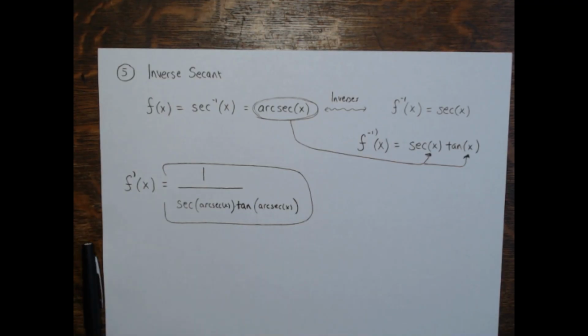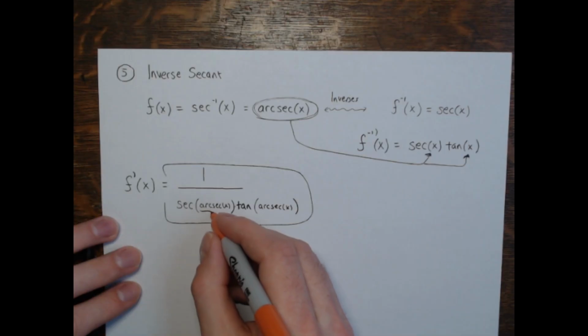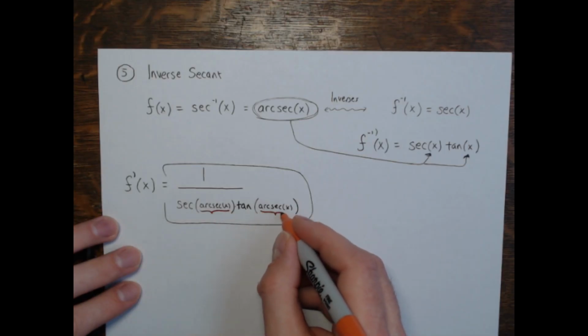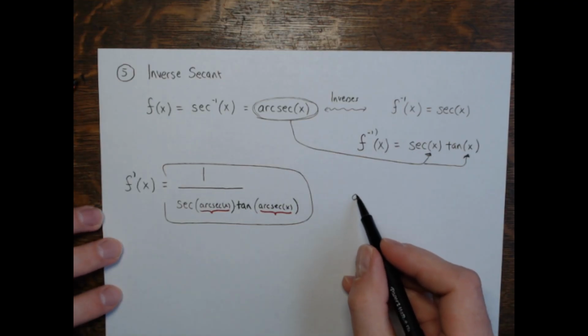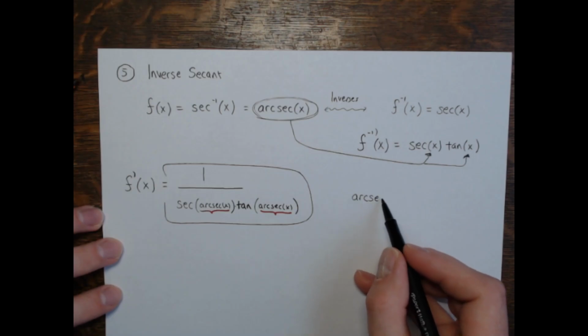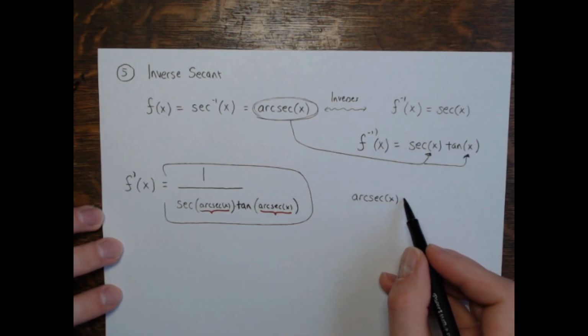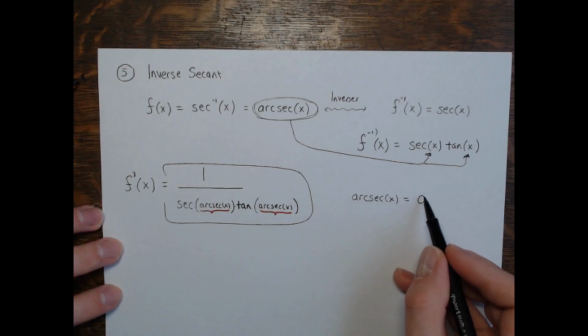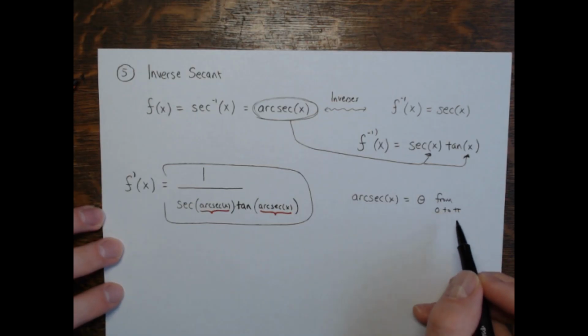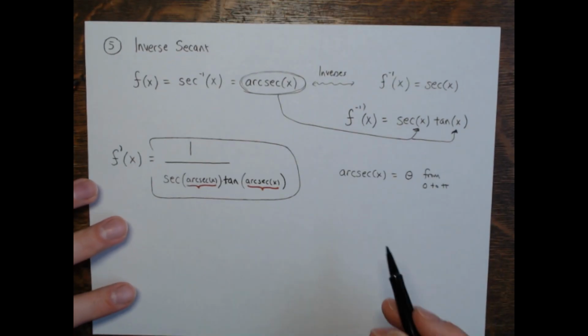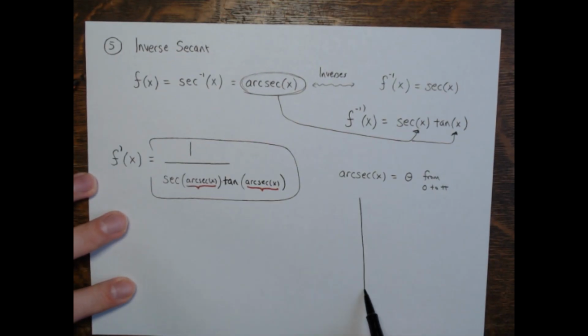So once again, this inverse secant of x that's in these, that's an angle measure. All right, inverse secant of x is, again, I'll call it theta. This is an angle from 0 to pi, but not pi over 2, but something in the top half of the plane. So I'm going to draw both.